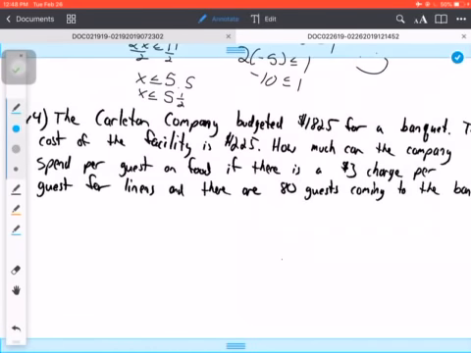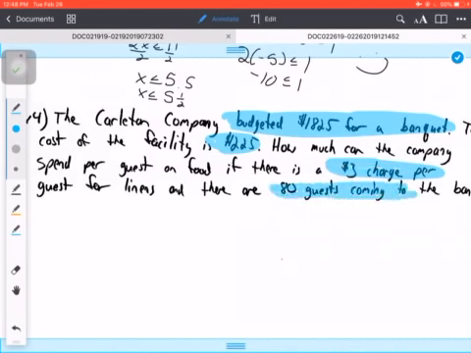That's something important, so I'm going to make sure that that's highlighted. The cost of the facility is $225. That's also important. It says, how much can the company spend per guest on food if there's a $3 charge per guest for linens? So that's important. And there are 80 guests coming.